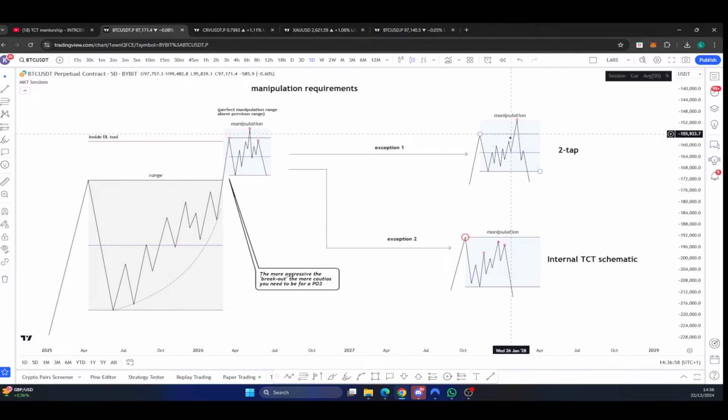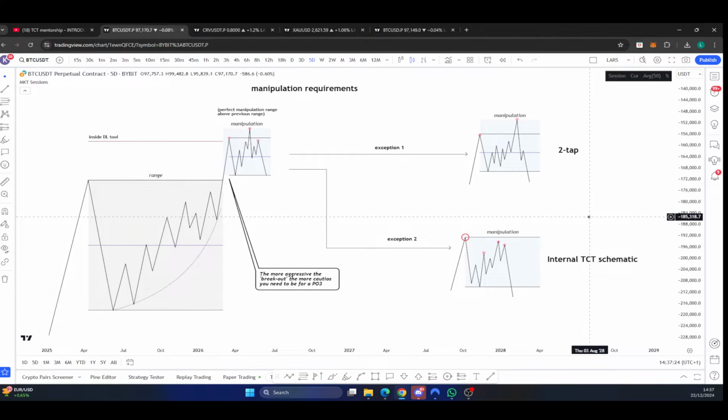Whenever we have this and the return to zone is extremely good, so you have an extremely good return to zone inside of the range, while also a good return to zone inside of the distribution model in the manipulation phase, you simply have to enter on the break of structure back to bearish inside of your original range value. So you just simply enter as if it was a third tap, but it's only a second tap.